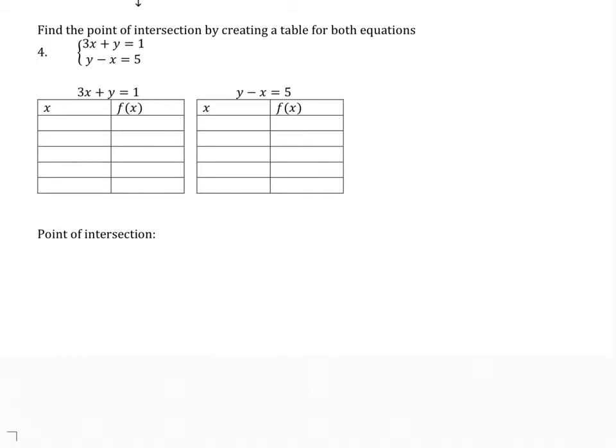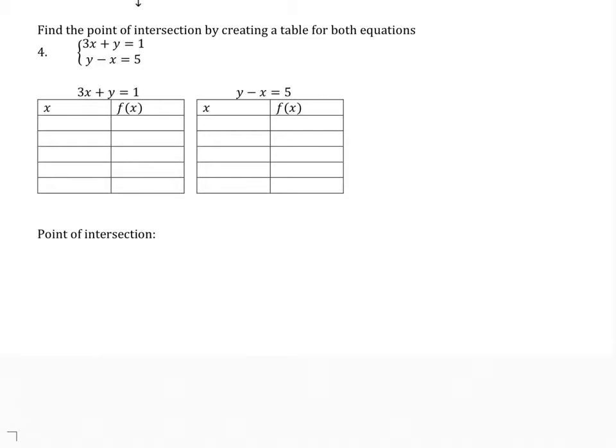Number 4. Find the point of intersection by creating a table for both equations. So it's the same question as the previous one, but this time we're going to use the table method. What points would you like to plug in to calculate? Well, most of the time we calculate numbers around the point of origin.